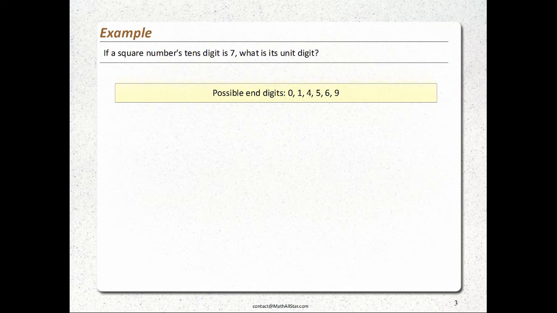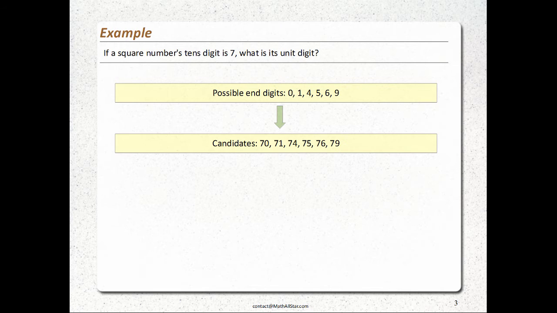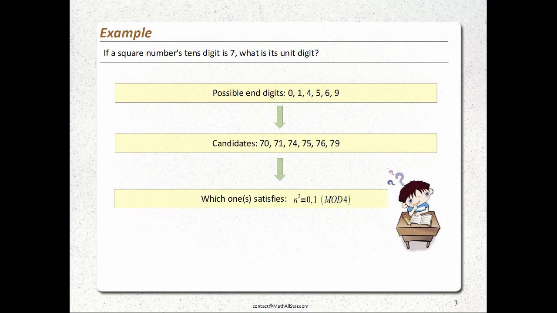A square number can only end with 0, 1, 4, 5, 6, or 9, right? Because its tens digit is 7, we have the following candidates for the last two digits: 70, 71, 74, 75, 76, and 79. Now, how can we eliminate some impossible cases? Do you still remember that a square number must be either a multiple of 4 or a multiple of 4 plus 1?